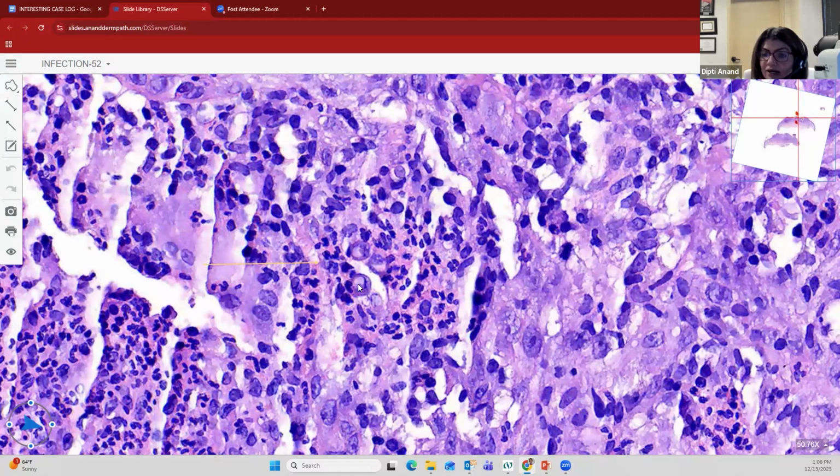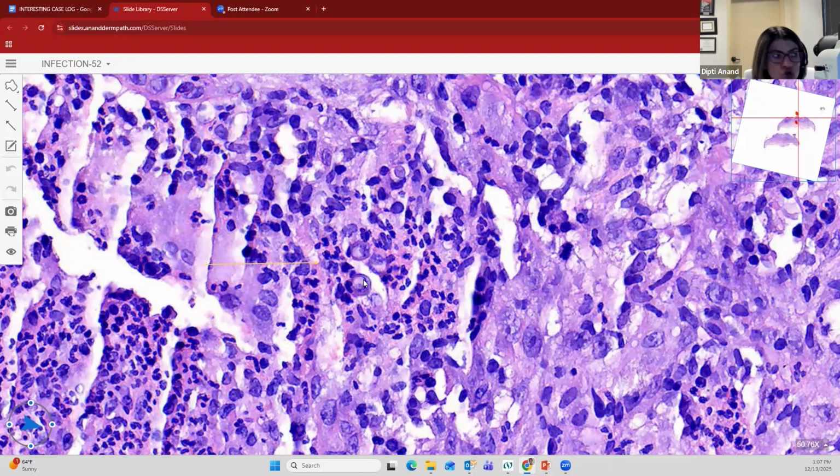Okay, broad-based budding. Sometimes you may not see the broad-based bud because it kind of gets broken down. Now remember that paracoccidio is a big organism. When it gets broken down, the big one, it can look like blasto. So sometimes it can be very challenging.